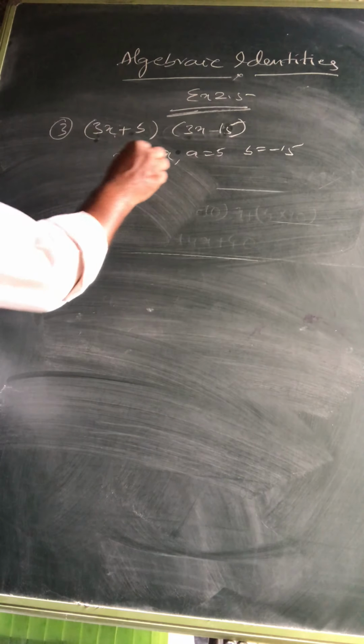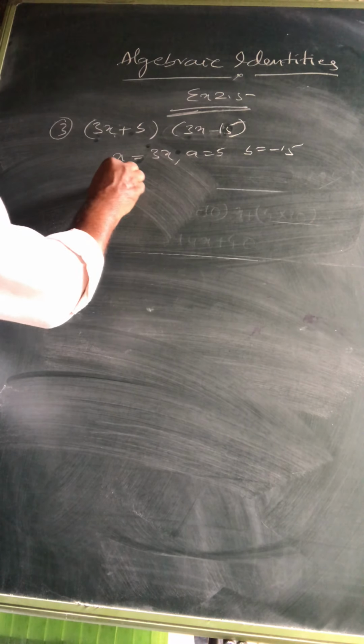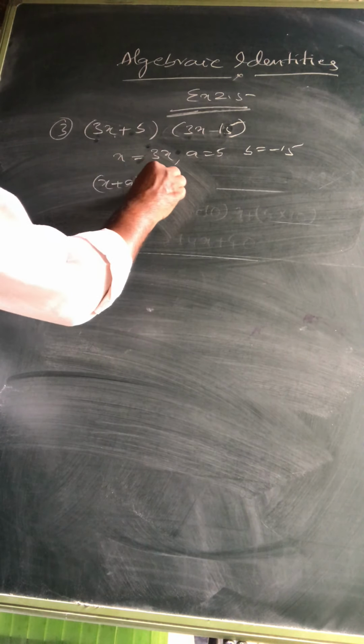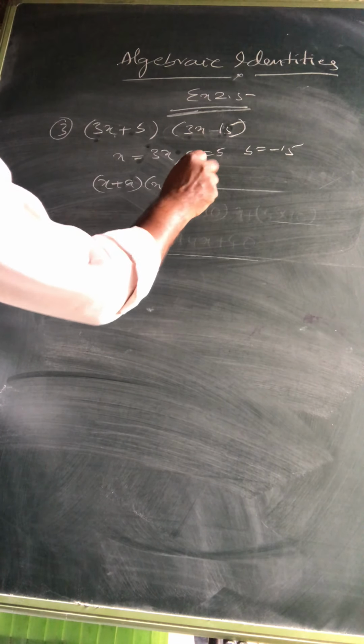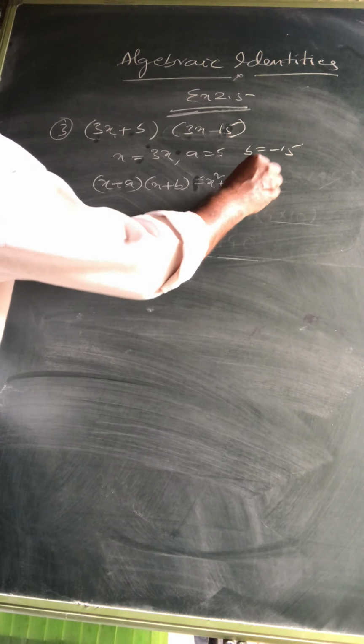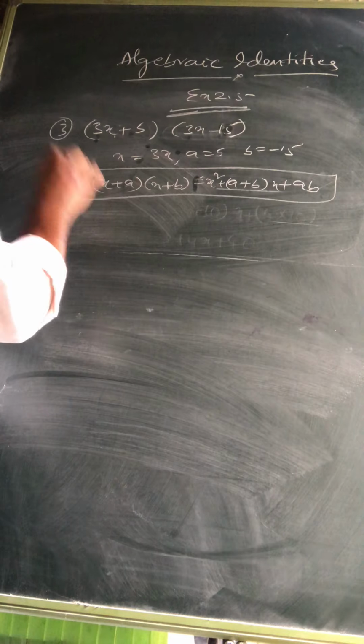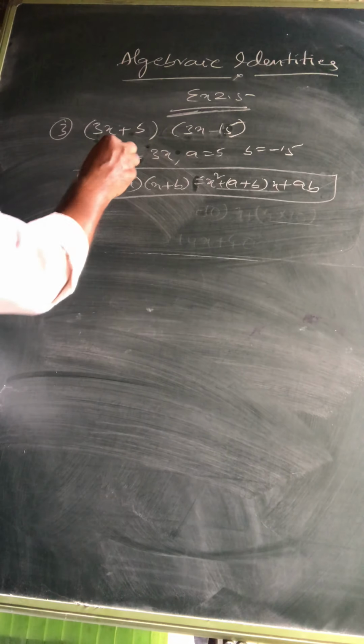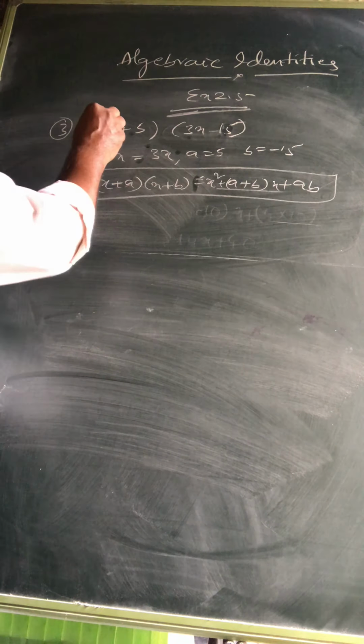Write here (x + a)(x + b) = x² + (a + b)x + ab. Now, in place of x, what are we supposed to write? 3x.